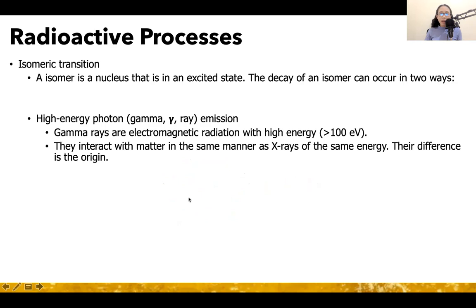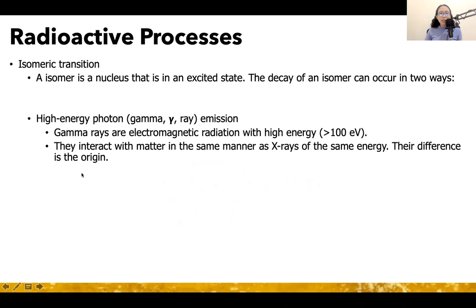So gamma rays are electromagnetic radiation with very high energy, greater than 100 electron volts. So these are actually, yes, they are photons, okay? They are made of photons, just like your X-rays. They in fact interact with matter in the same manner as X-rays, provided these X-rays have the same energy as that of a gamma ray.